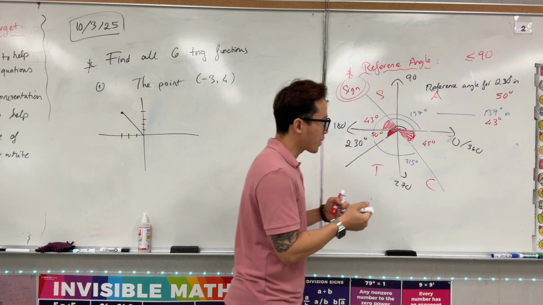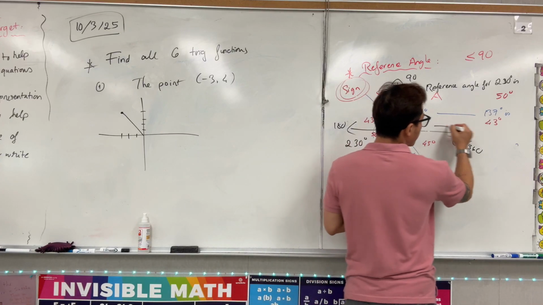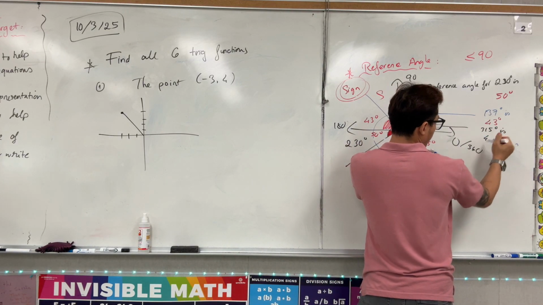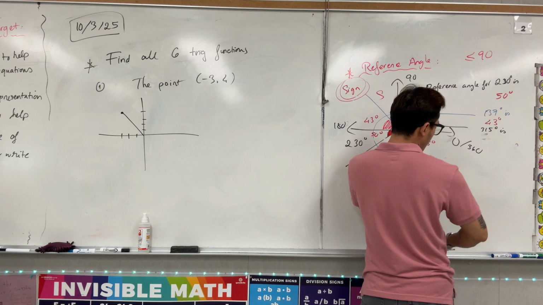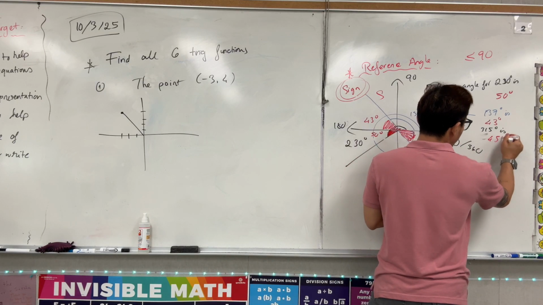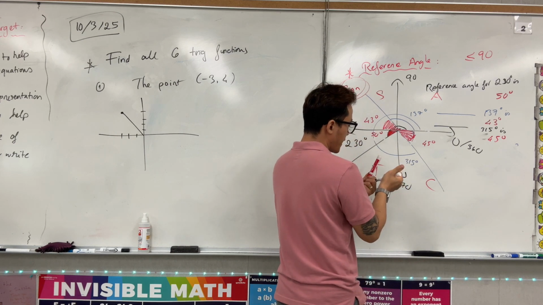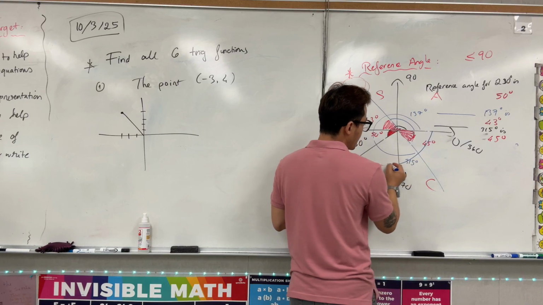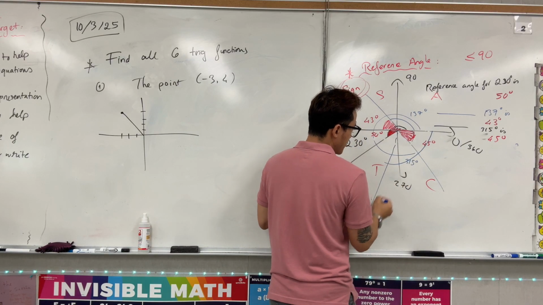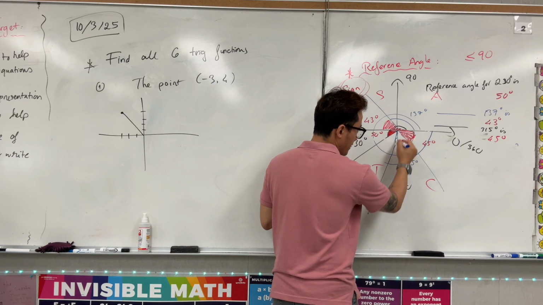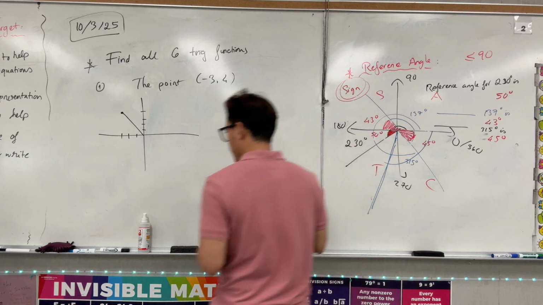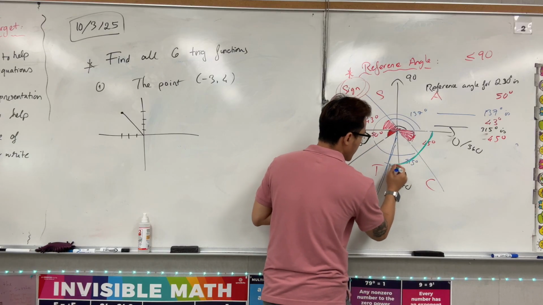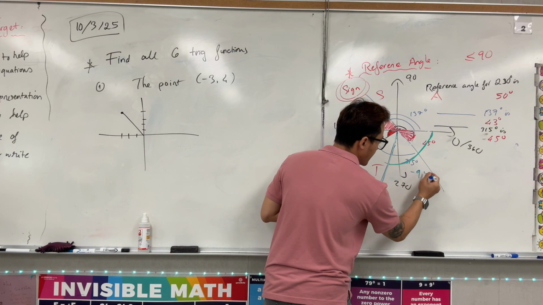Now let's go back to the question that Jason asked. Let me write it down. 315 is what? The reference angle for 315 is 45. Now, what if I give you negative 95 degrees?